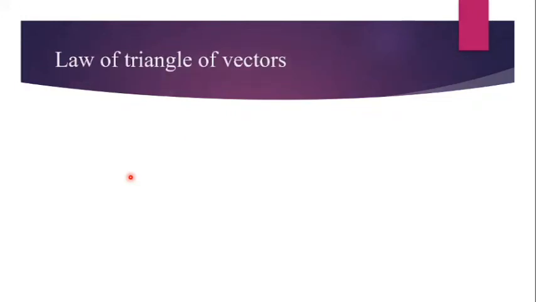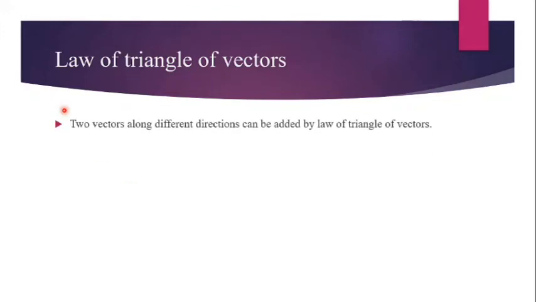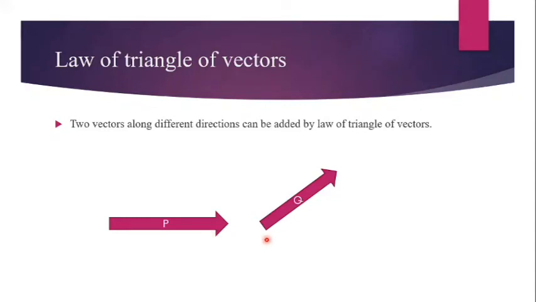Now see the law of triangle of vectors. Vectors along different directions can be added by using the law of triangle of vectors. Suppose we have the vector P and another vector Q. Their directions are different.